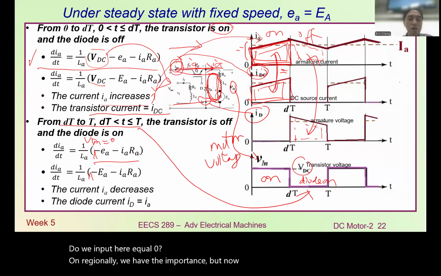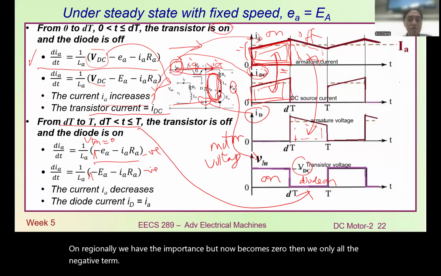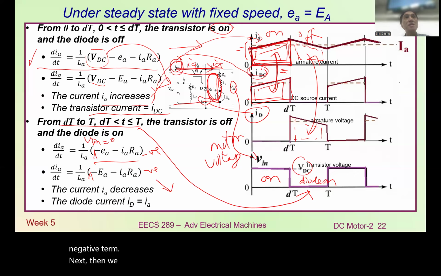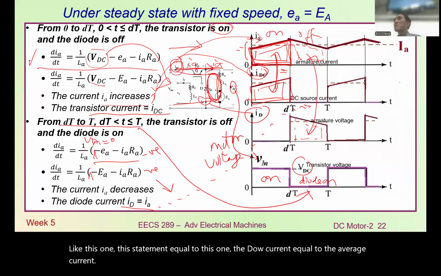Then we only have the negative term. Then we can see that the current is now decreasing, L di/dt. So the diode current is equal to the armature current. Very straightforward. I just repeat what we said just now.